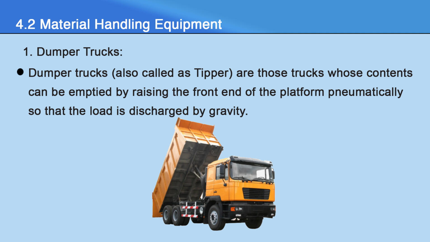They are available in various sizes and mainly used in activities such as to clear material wastes from the building construction sites, in road and port construction to supply materials to the construction sites, etc. The most commonly used dumper trucks are the standard dumper trucks and the articulated dumper trucks.